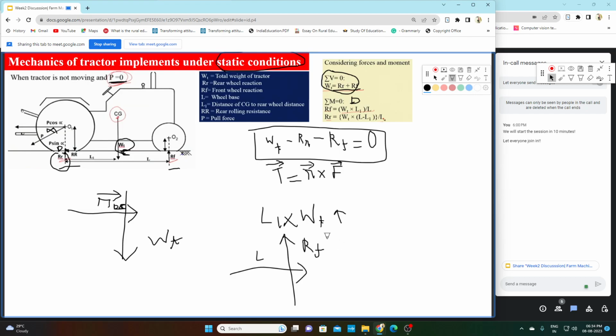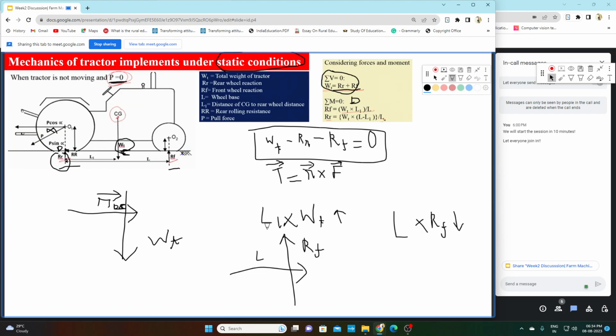Whenever we are taking the moment with the right hand thumb rule, R cross F, so L into RF will be outside the plane of the board. So this moment will be L into RF, and that is outside the plane of the board.